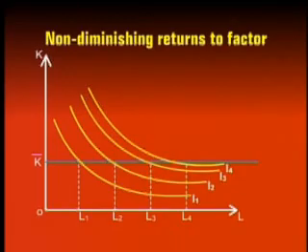That is, L3 minus L2 is the same as L2 minus L1, and L4 minus L3 is the same as L3 minus L2. This graph shows how, in the presence of increasing returns to scale, you can have non-diminishing returns to labor or any individual factor.